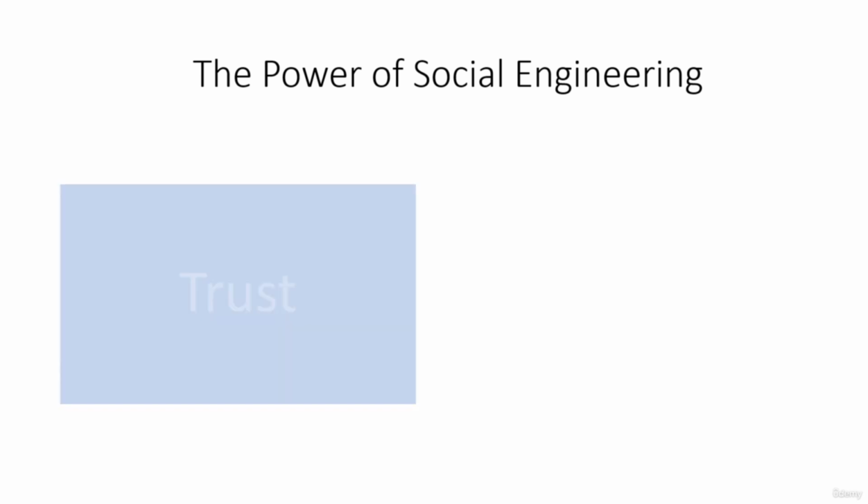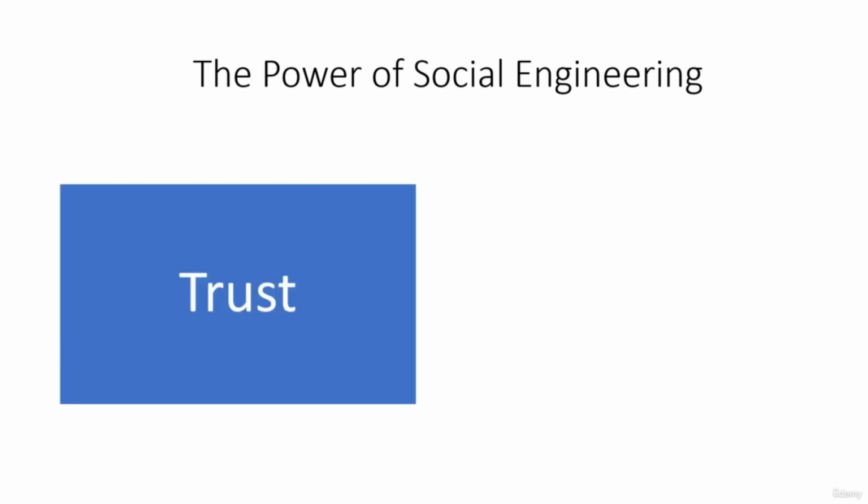The first reason is trust. Human beings trust a lot, even me, I trust a lot. So it's built into the species. When you see someone dressed in a certain way, such as wearing a school uniform or office uniform, or hear them say the right words, you can trust them more than you normally would.